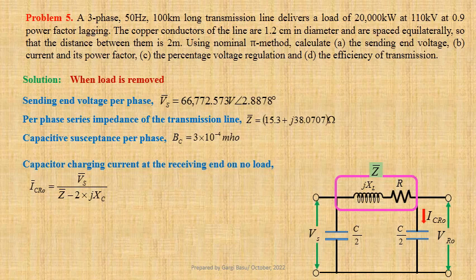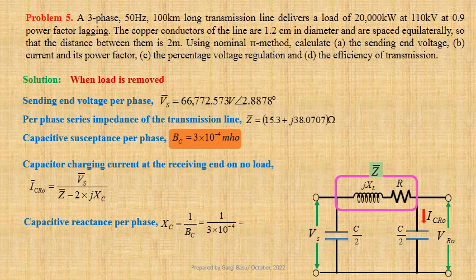Let us now calculate capacitive reactance per phase. Xc equals 1 upon Bc, that is equal to 1 upon 3 into 10 to the power minus 4. That gives us 3333.3333 ohm.